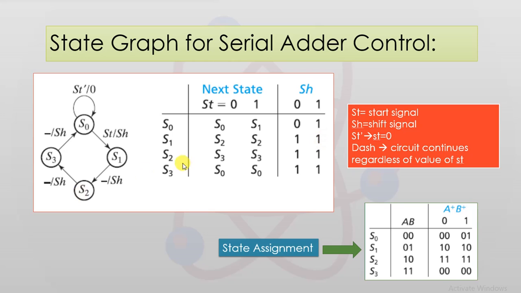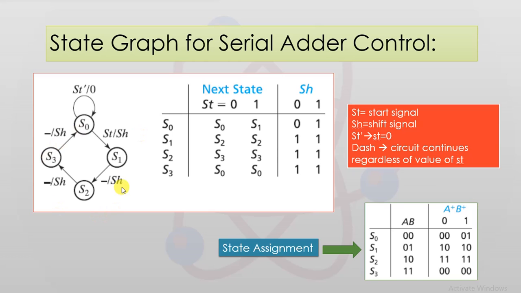When you are in the state S2, irrespective of the value of the start signal, you are going to change from S2 to S3 and shift operation is going to occur. That is why you have a 1. The same thing applies for the state S3. You are in S3 and you are going to move to S0 irrespective of the start signal, and simultaneously a shift operation is going to occur.